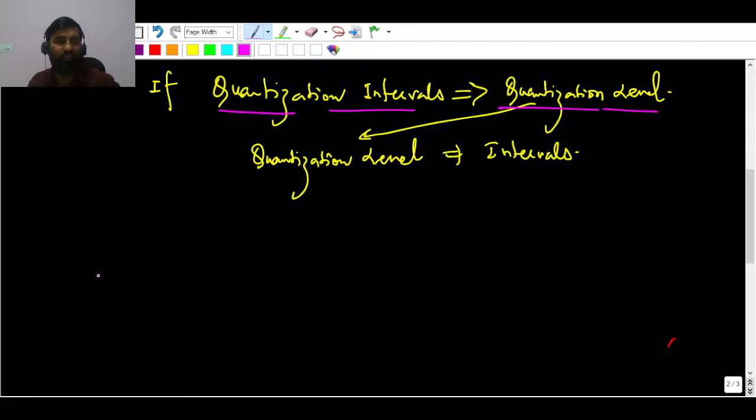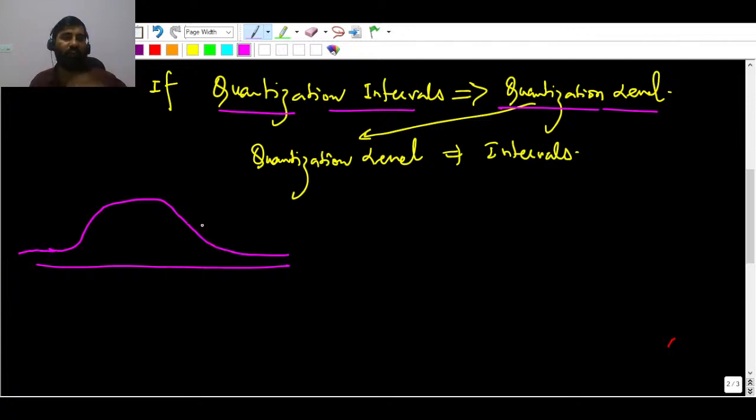Some density function is given here, just I'm considering any. This kind of density function is given, and here you can choose the quantization intervals from here, m naught, 1 and 1, right? You can also choose the quantization levels, alpha 1 or 2.